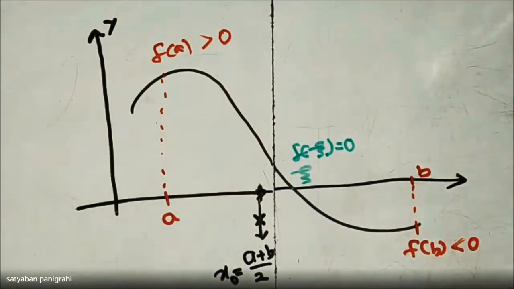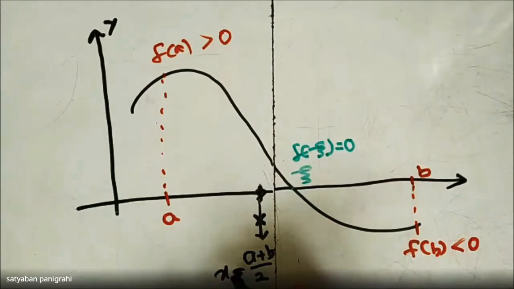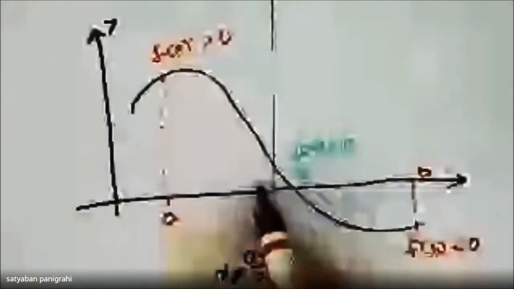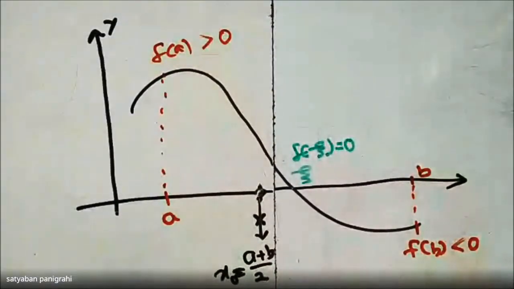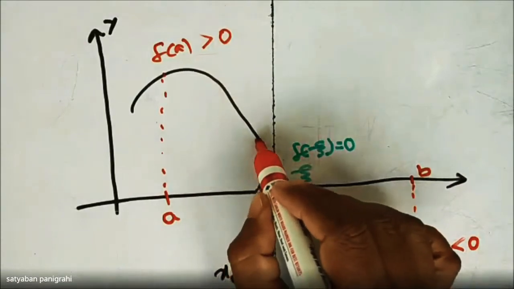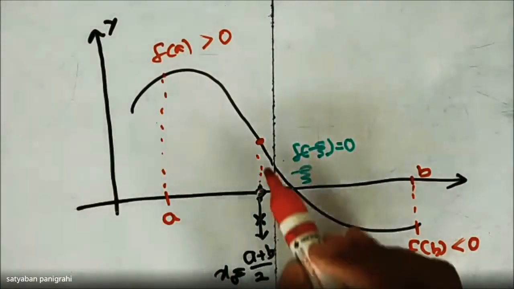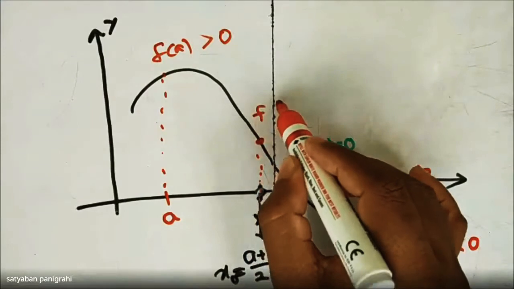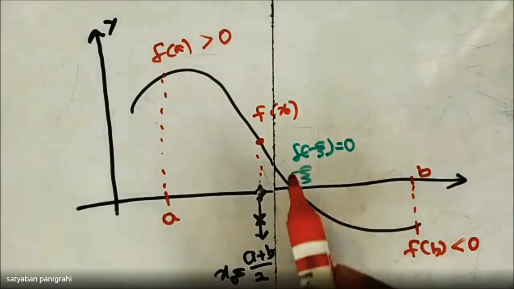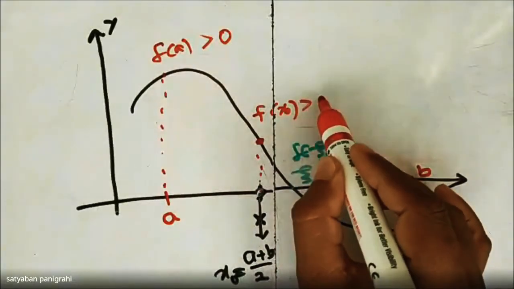We compute the value of the function at that point, f of x0. Geometrically you can see that here f of x0 is positive.